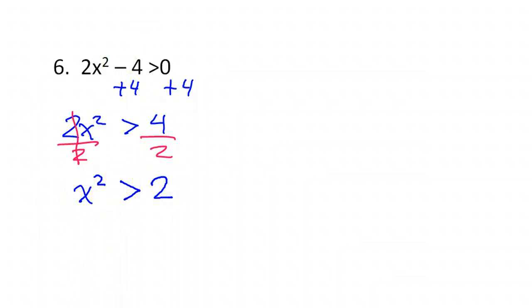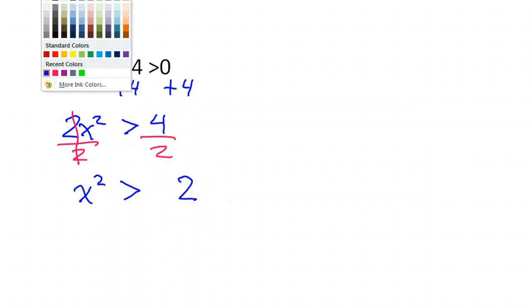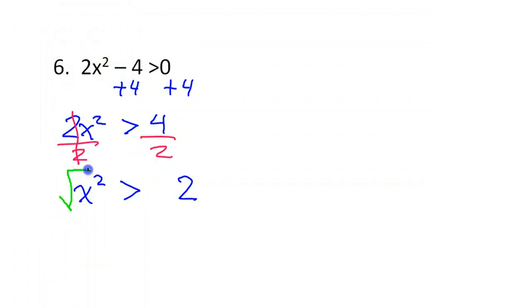Now here's where you would take the square root of both sides. I'll take the square root of x squared, and I'll take the square root of 2. Don't forget, anytime you take the square root of both sides, your solution is going to be plus or minus.